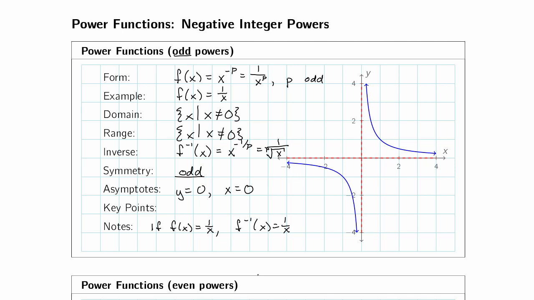When we want to graph one of these, we will use these 2 points as our key points. Those are the points (1, 1) and (-1, -1), along with our asymptotes. When we want to draw a graph that has asymptotes, we'll also need to figure out where those go.